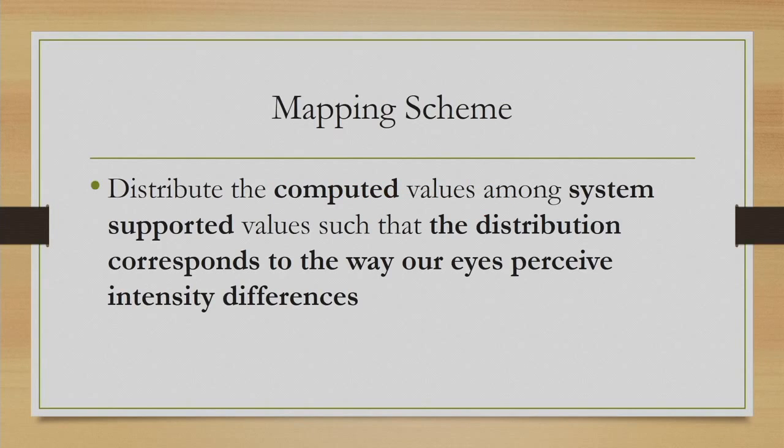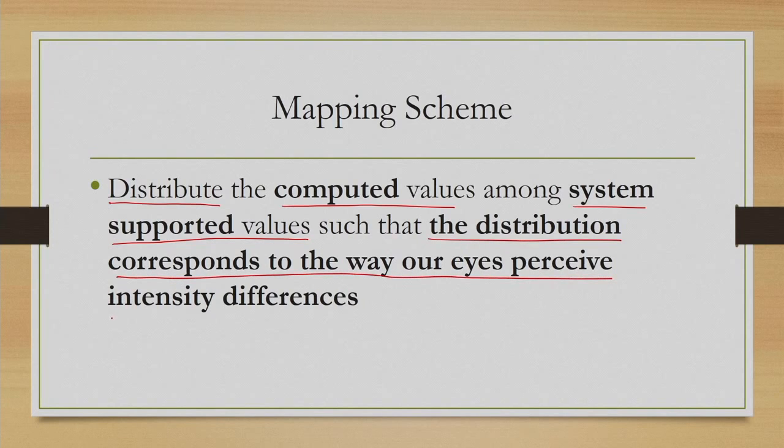The core idea behind the scheme is that we need to distribute the computed values among the system supported values such that the distribution corresponds to the way our eyes perceive intensity difference. So, this is a slightly complex idea. Let us try to understand this in terms of an example.